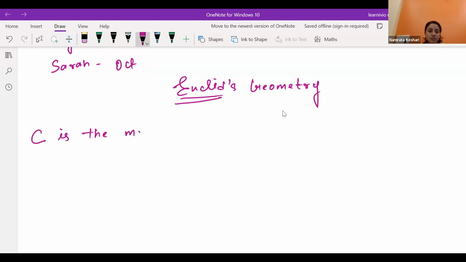C is the midpoint of the line segment AB.